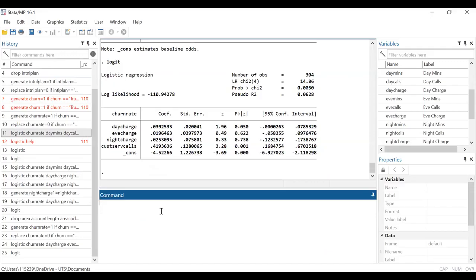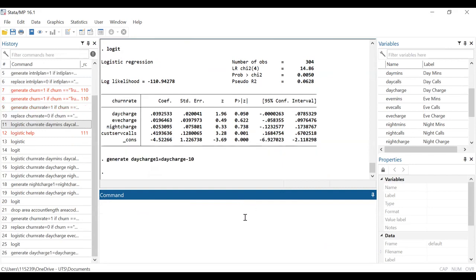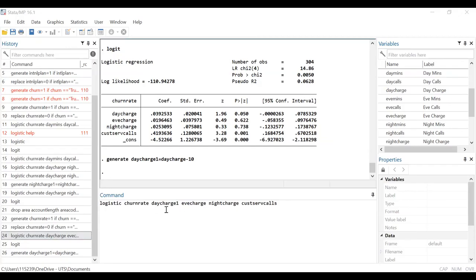I'm going to generate a new variable called day charge 1 minus 10, because now I want to predict what will happen if the day charge reduces. So what do you think? Do you think it's going to have some effect? Can we make some guess? Let's run this model and see what happens.